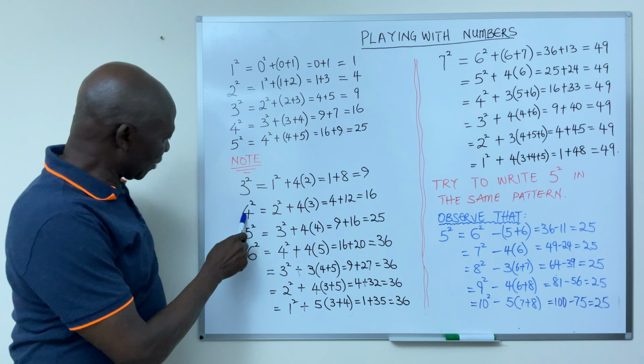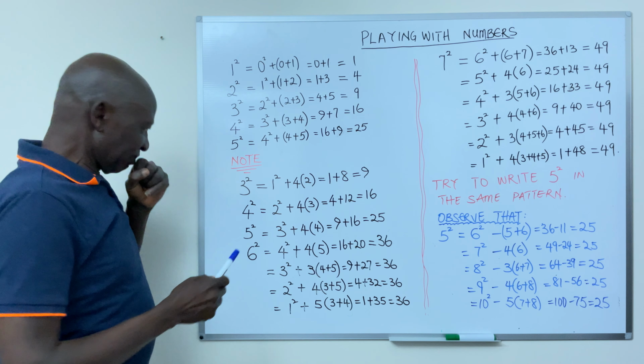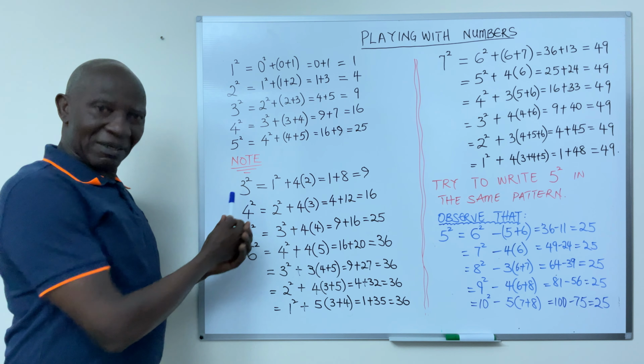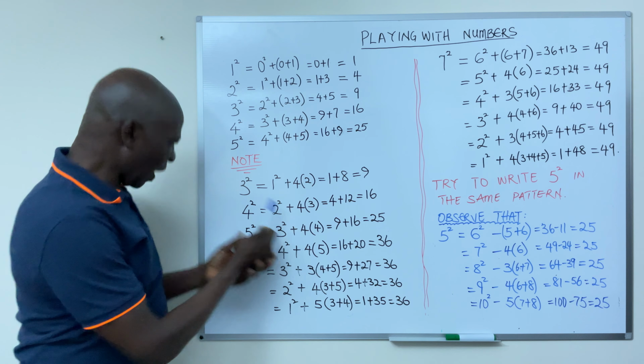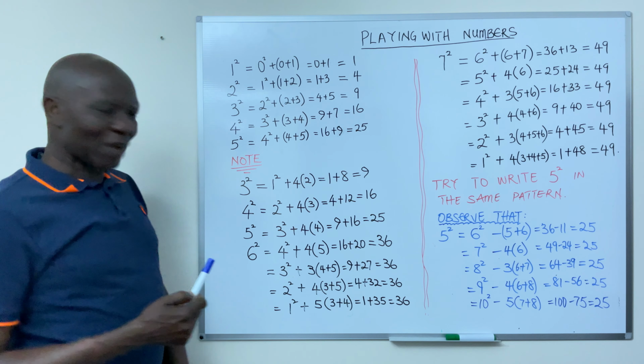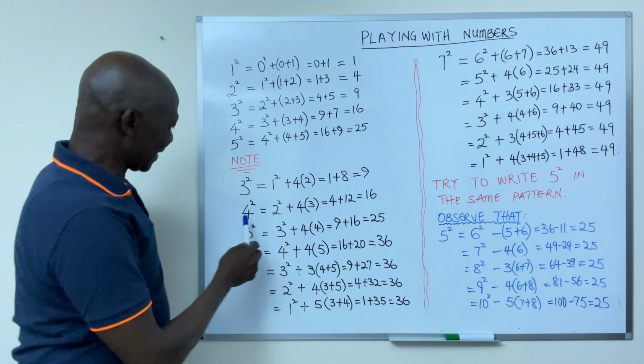Now, let's take a look at 4 squared. We have 2 squared. We have omitted a number between 2 and 4, and that number is 3. So that number must be multiplied by 4 to give us 4 plus 12, and that is 16.